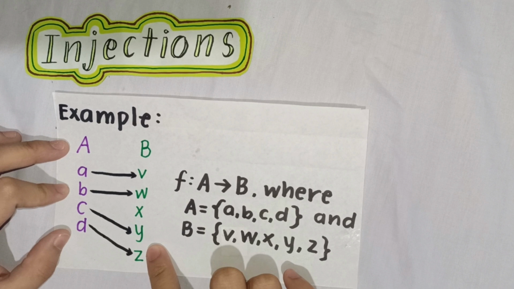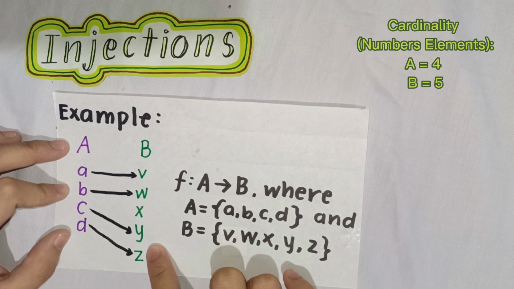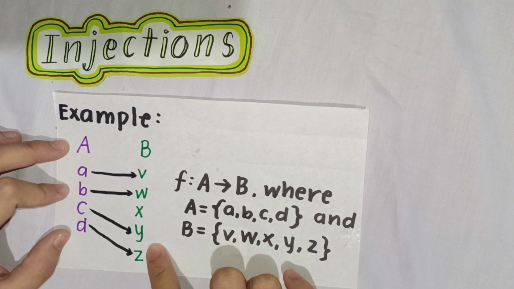The most obvious difference between the two is that set B has a greater cardinality than set A. And the second one is that each element of the set A has its own range in the set B. This is what we call one-to-one because each element of the domain only has one range in its codomain. So, one-to-one.